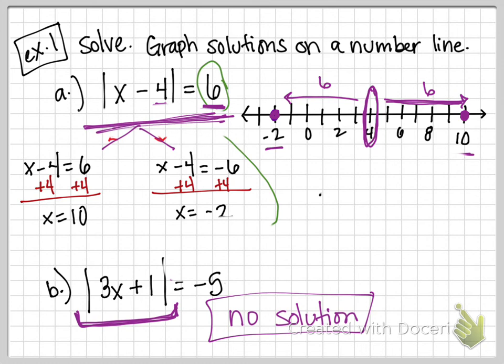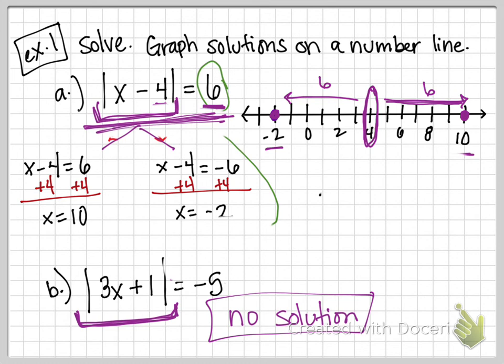You get half points if you only put one. You're probably not going to have one. You're going to have two. So we decided that the first one made sense because of the x minus 4, that is something minus 4 would equal 6. But if you did 3 times something and then added 1 to it, it would never.